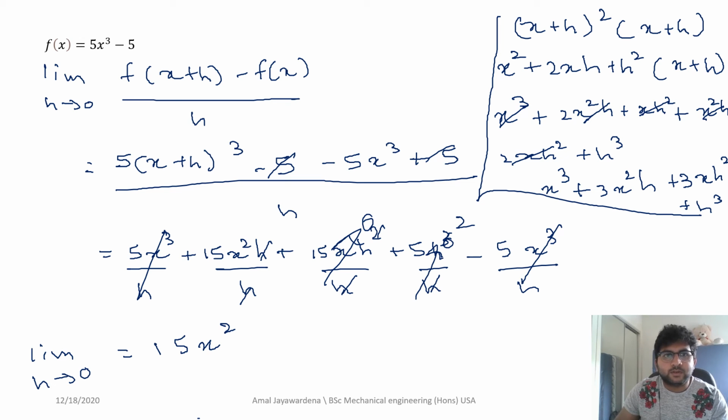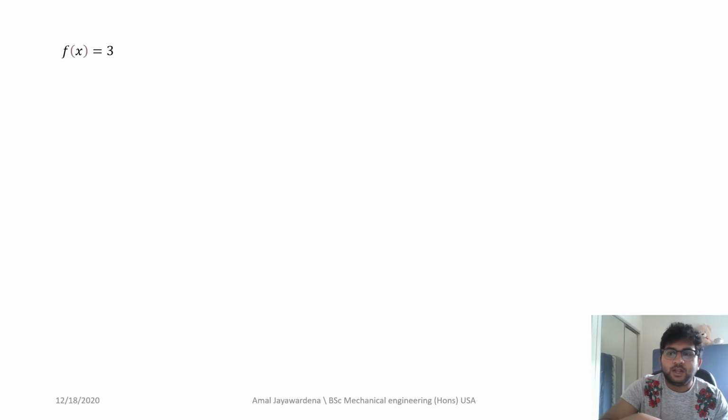So what you're going to end up having is 15x squared. This is going to be the answer. Later on you will figure out the principles to do differentiation easily, and you don't have to go through all those steps. So this is the basic first principle of differentiation, and this is a very important concept.